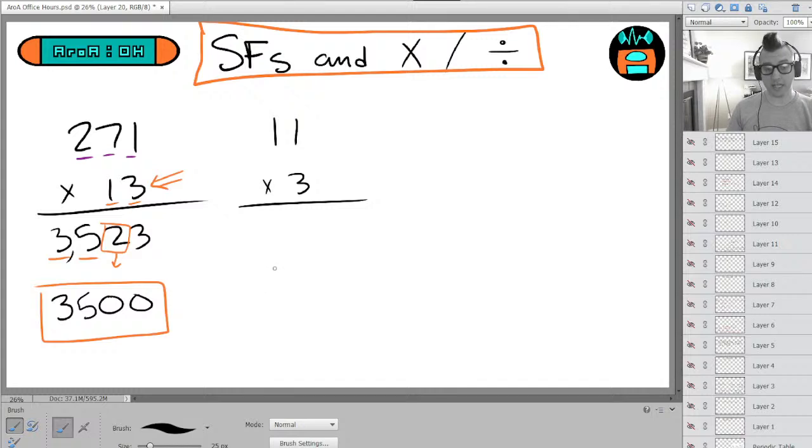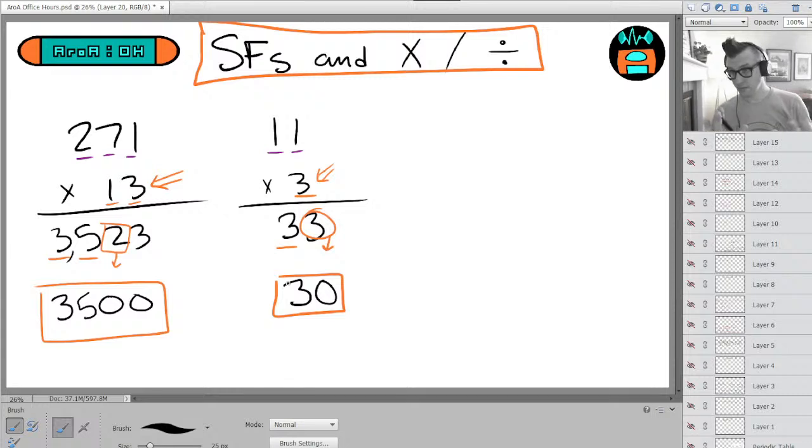You punch this into your calculator. 11 times 3 is 33. 11 has 2 sig figs. 3 only has 1, and you have to roll with the fewest when you're multiplying. So you count off your first sig fig. 3 rounds down. So our answer to 11 times 3, when you apply the rules for sig figs, is 30.